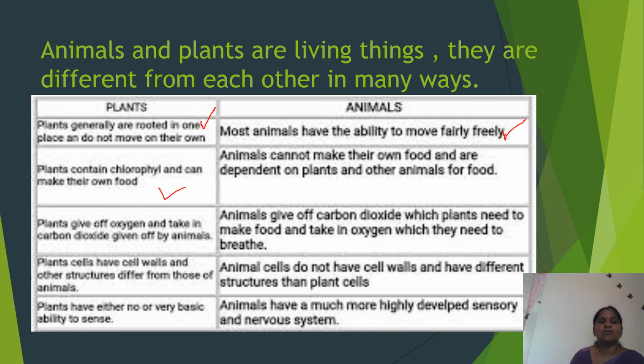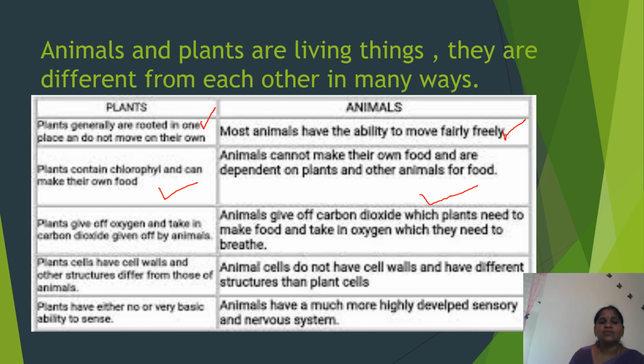Plants contain chlorophyll and can make their own food. I said green plants only will make food, because they contain chlorophyll. Animals cannot make their own food and depend on plants and other animals for food.